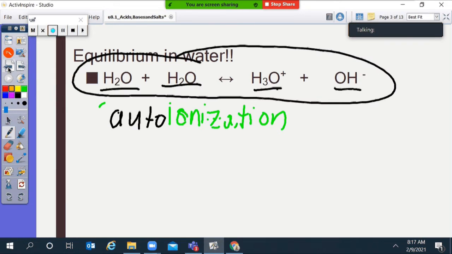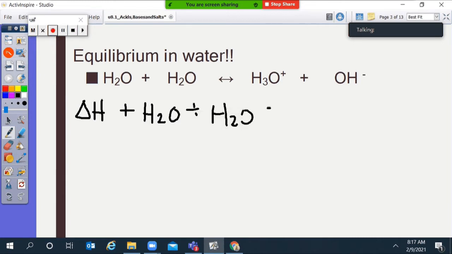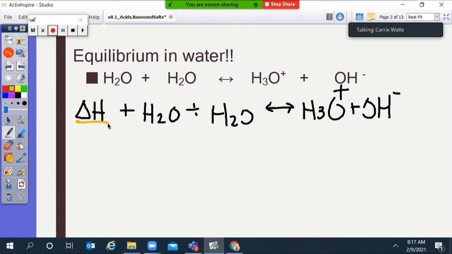Okay, since we know it's an endothermic reaction, remember the delta H will go on the reactant side of the equation. So what would happen if instead of at 25 degrees Celsius, you increased the temperature of this reaction? Well, for Le Chatelier, remember, if you add temperature, you shift away from the delta H. Since the delta H is a reactant, it will shift to the product side.